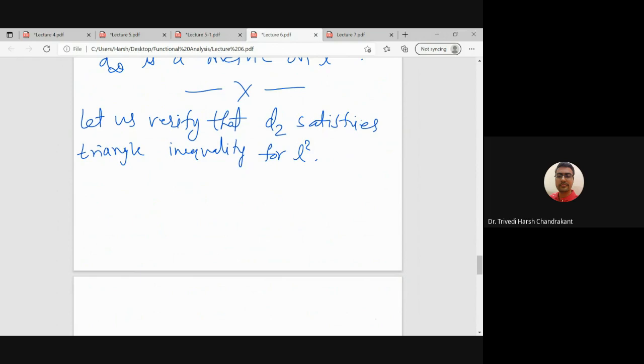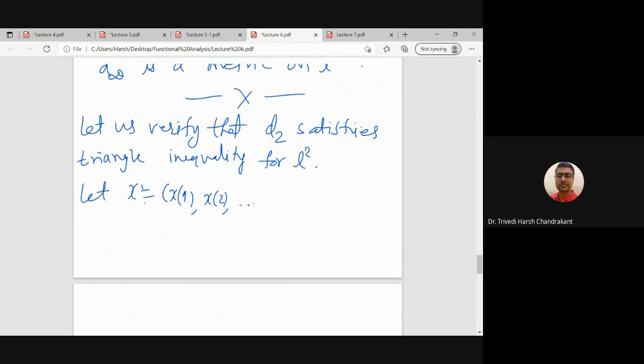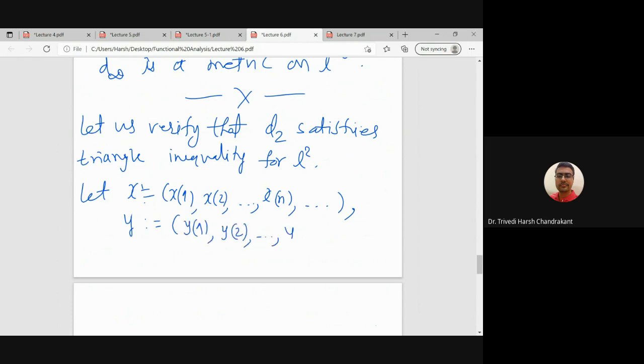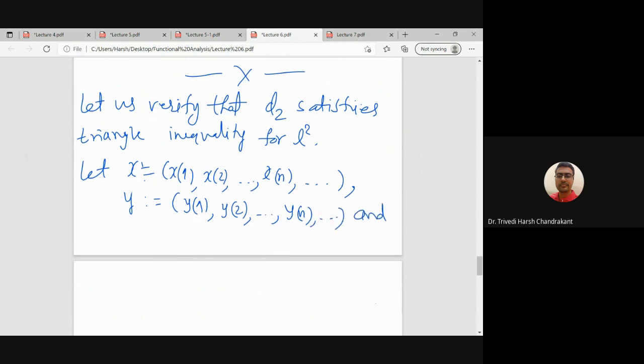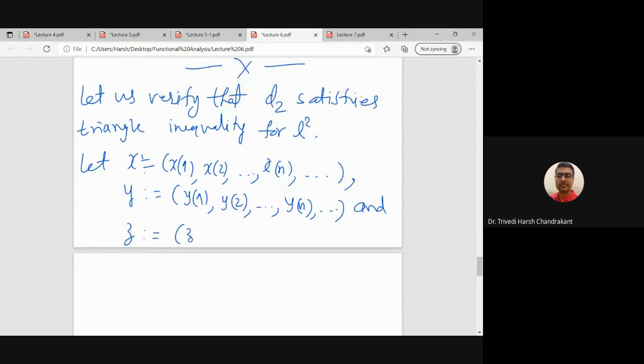So let us start with three elements. x equals x1, x2, up to xn, is an element of L2. y equals y1, y2, up to yn, and z equals z1, z2, up to zn.